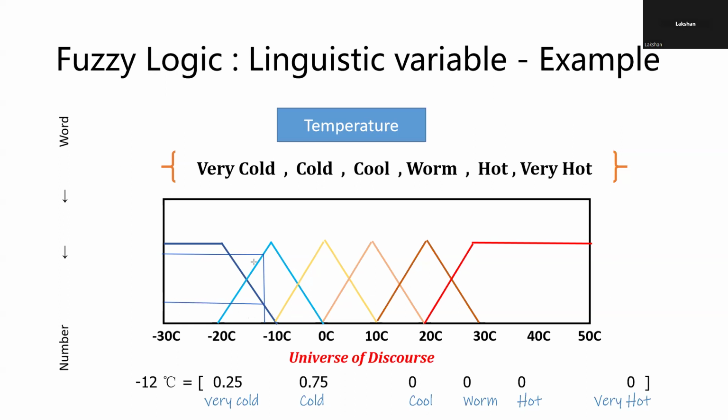And it belongs to two memberships. It is 0.25, that means very cold, for 0.25 of people. And for 0.75 of people, it is cold. So it belongs to two sets here.